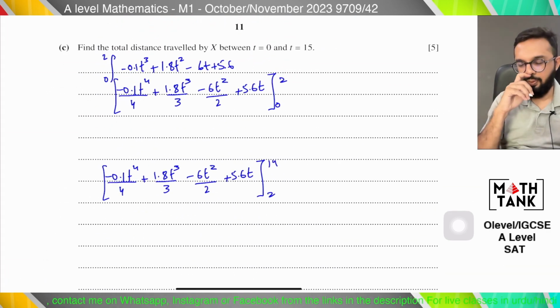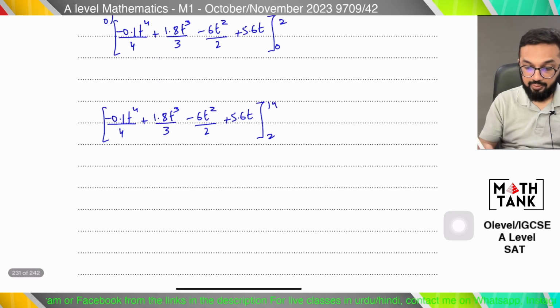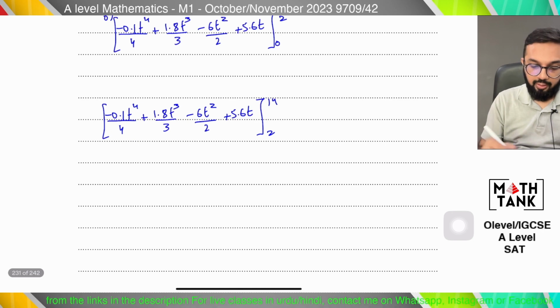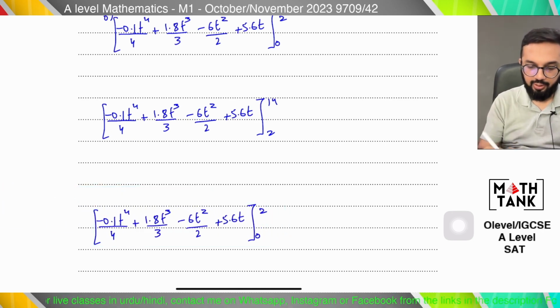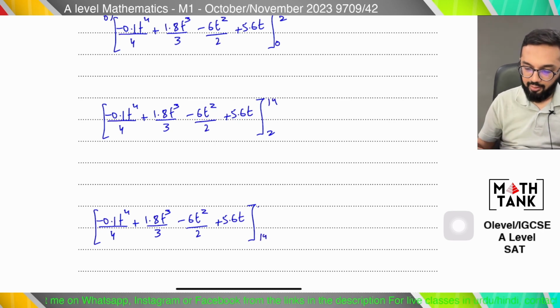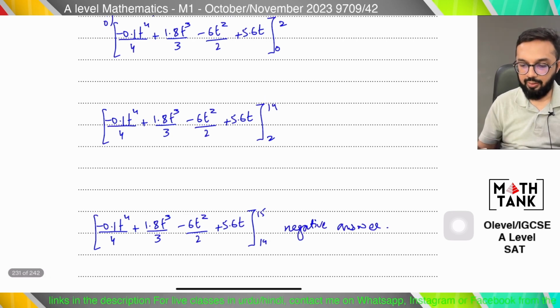I could have done 2 to 14 directly as well, because the graph is not changing. The graph is not going into a negative there. This last one will be a little tricky. It is going to be from 14 to 15, and it is going to be a negative answer. So I'm going to make sure that I turn it into a positive one then.